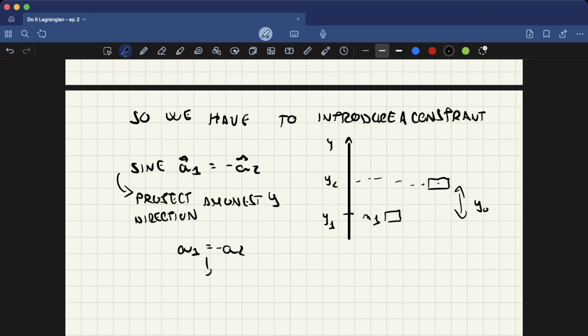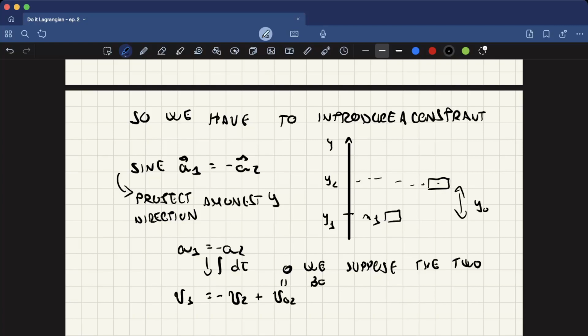which if we integrate, okay, in terms of the time, leads us to v1 equal to minus v2 plus eventually v02, which is 0 because we suppose the two bodies initially at rest.